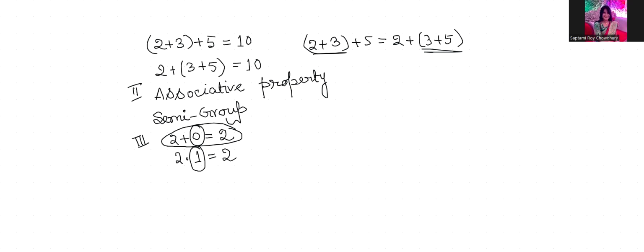We call this property the existence of identity. Right? And if this third property is also satisfied along with the previous two, we call it a monoid.